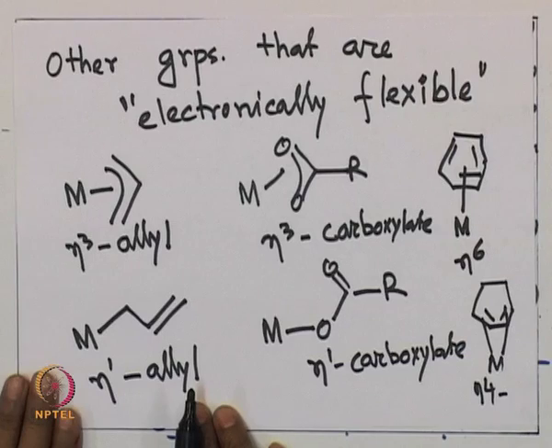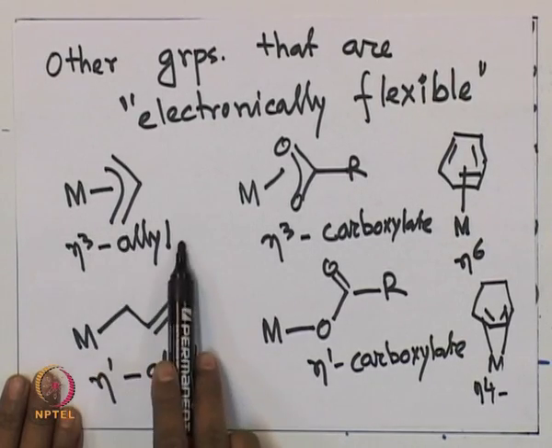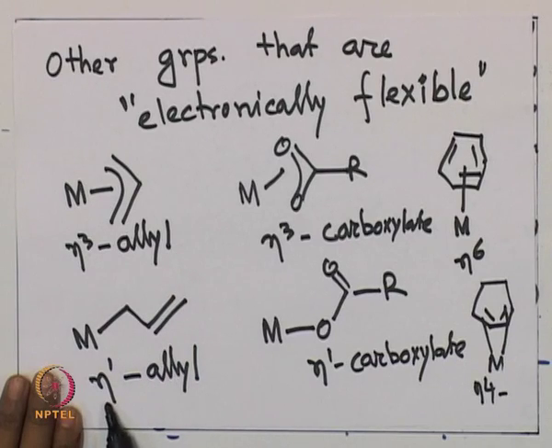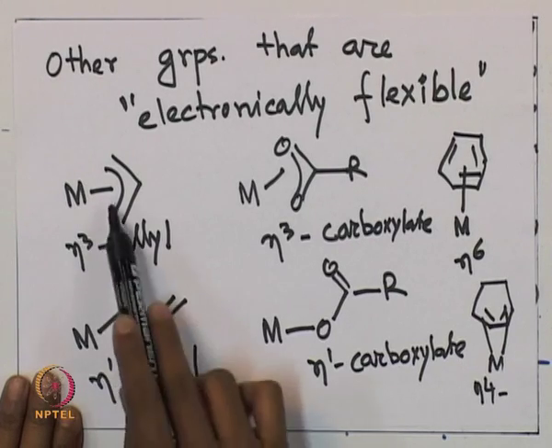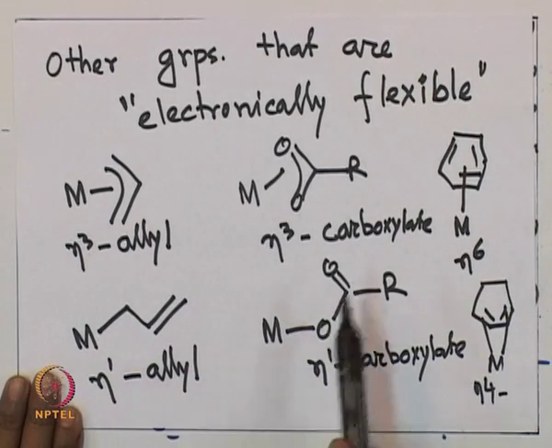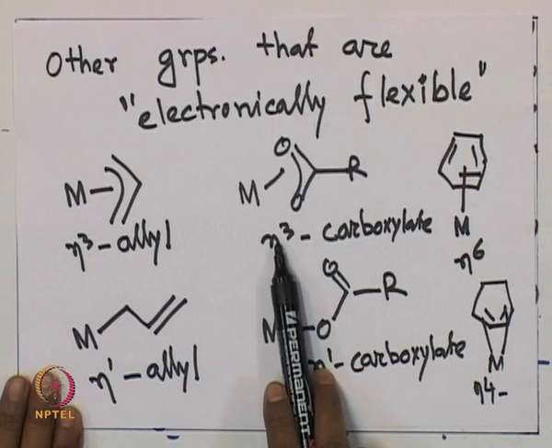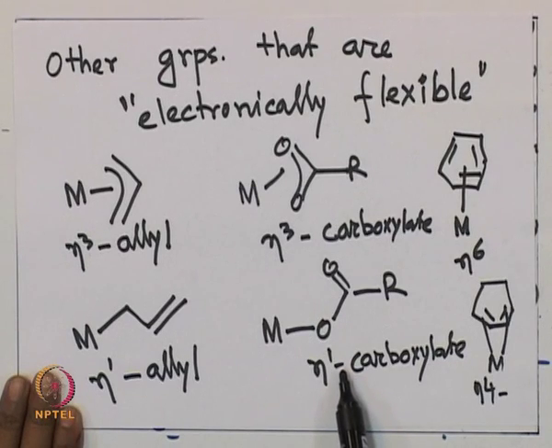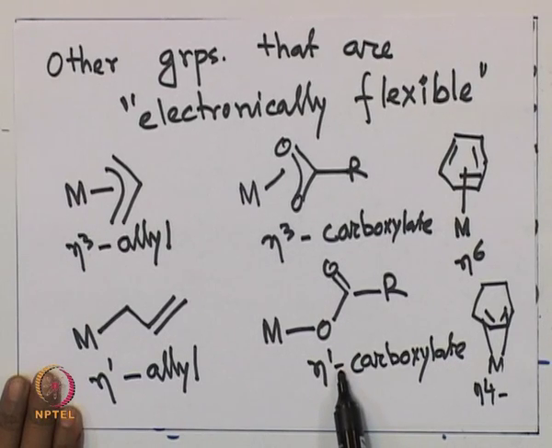You can see electronic flexibility, eta 3 allyl giving rise to eta 1 allyl, or vice versa. You can have equilibrium between these two. You can have eta 3 carboxylate giving rise to eta 1 carboxylate. Also, eta 6 benzene can give you eta 4 benzene.